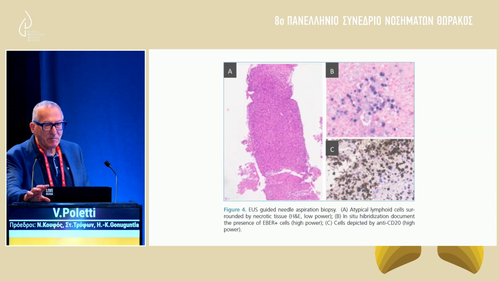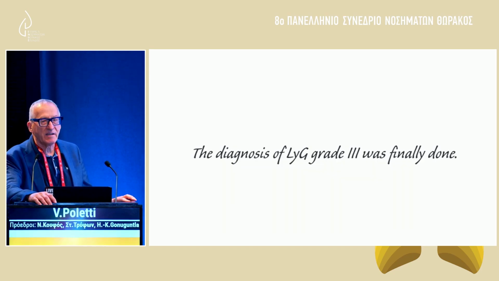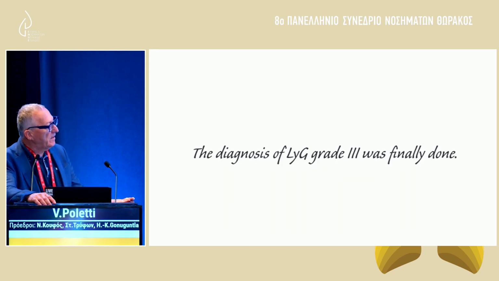And in the same general anesthesia session, he also had an EUS biopsy of the adrenal gland, showing that in the adrenal gland the process was more malignant, and the final diagnosis was lymphomatoid granulomatosis grade 3, that is an EBV-driven lymphoproliferative process.